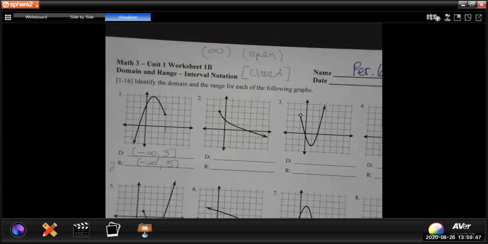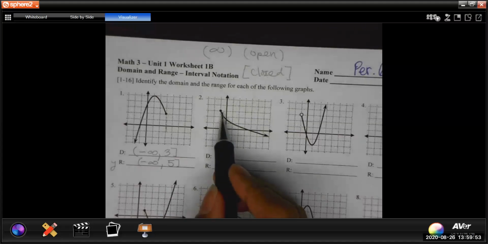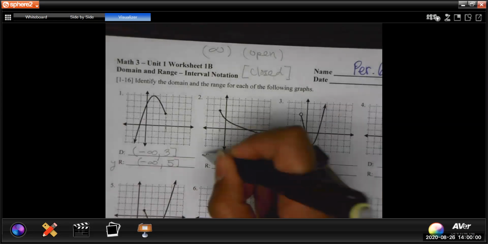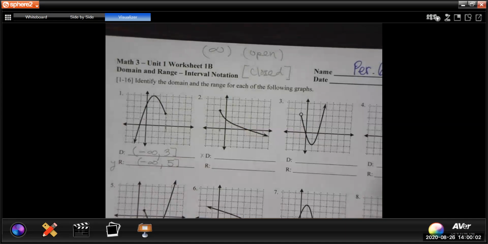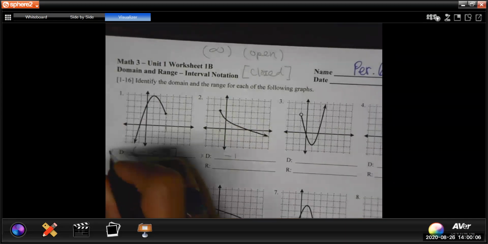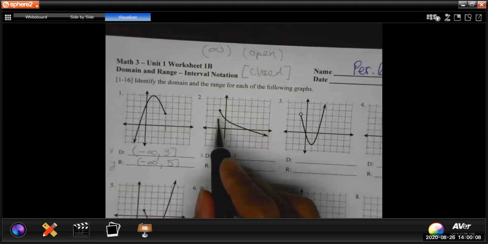Good. Okay, next one. Alessandro, does my graph go left forever or does it have a start point? It has a start point. And can you tell me what that start point is on the x-axis? Because I'm looking at domain. -1. And Alessandro, parentheses or bracket if that's a closed circle?